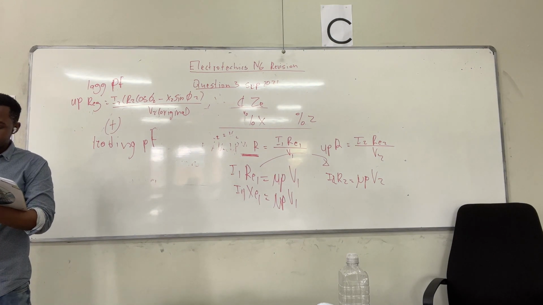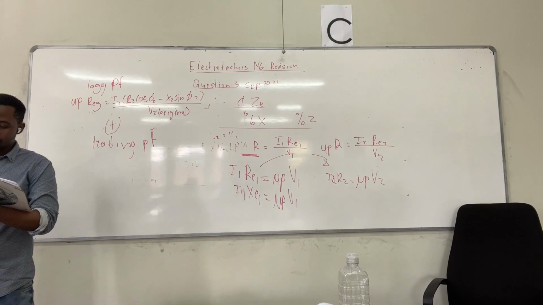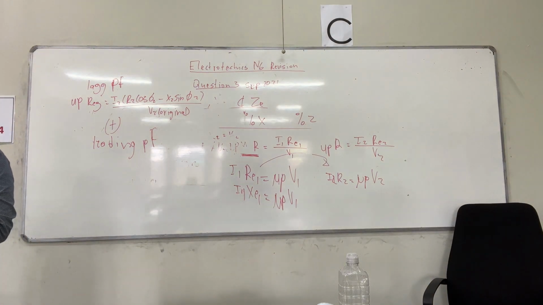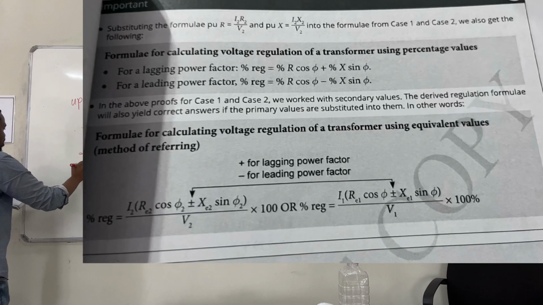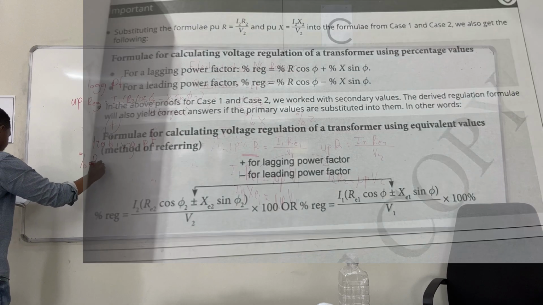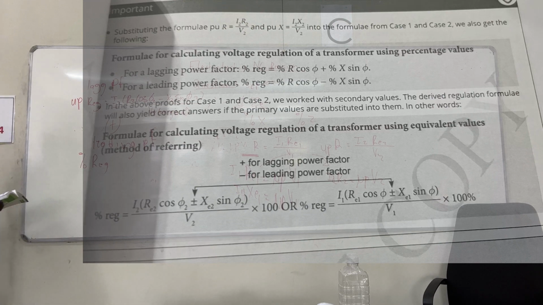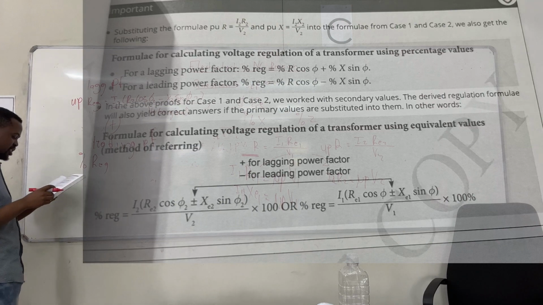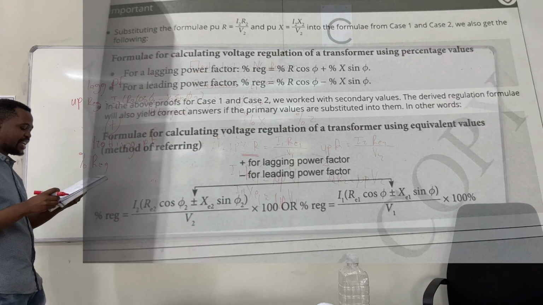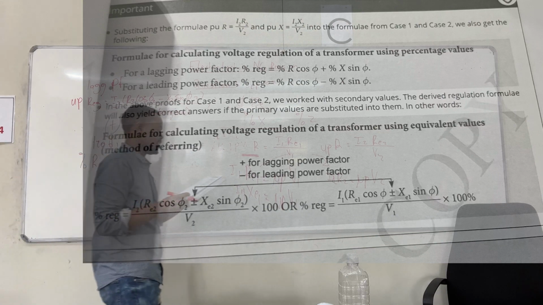Then the formula to calculate voltage regulation using per unit percentage values. Let's say I wanted to find the percentage regulation. I was given a percentage resistance and a percentage reactance. That is the formula on page 115.